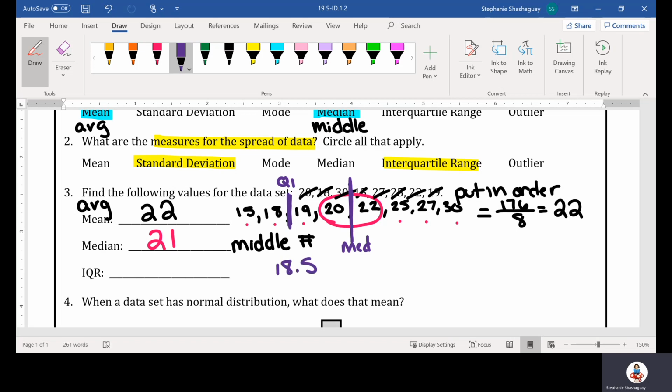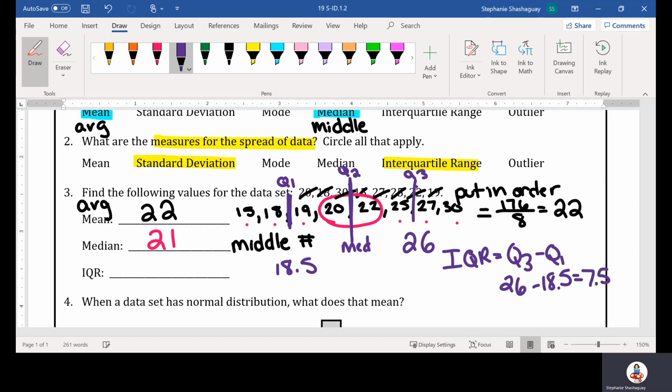And the middle of our upper half of data is going to be right here. That's our Q3, and our Q3 is 26. So to find our IQR, that's going to be our Q3 minus our Q1, which is equal to 26 minus 18.5, which is equal to 7.5.